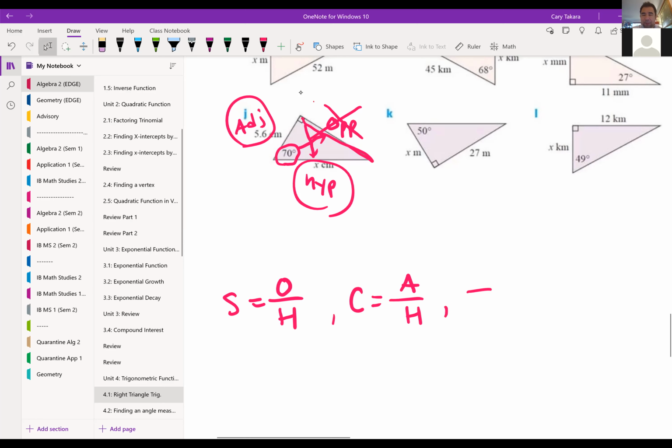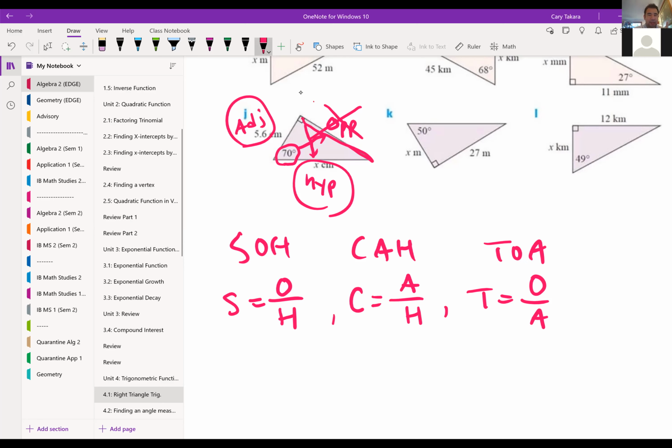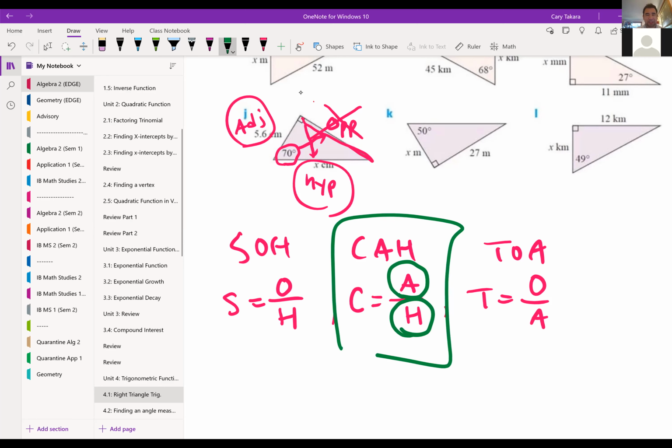And then T-O-A, that's SOHCAHTOA. And we are looking for the one that involves adjacent and hypotenuse. Which one is it? Adjacent and hypotenuse. It's the cosine problem, isn't it? This has to be cosine, nothing else, okay?